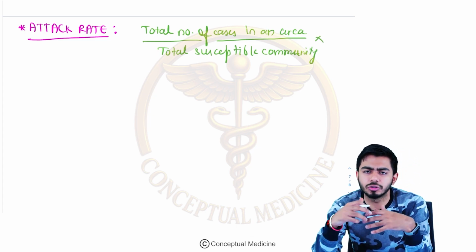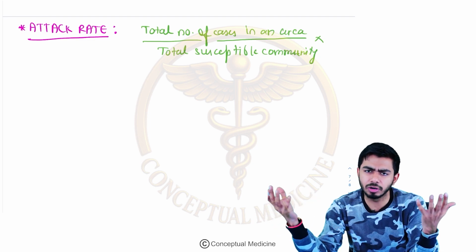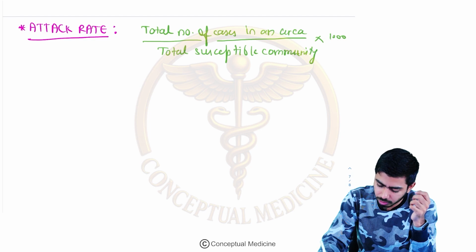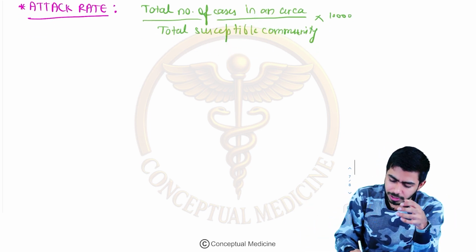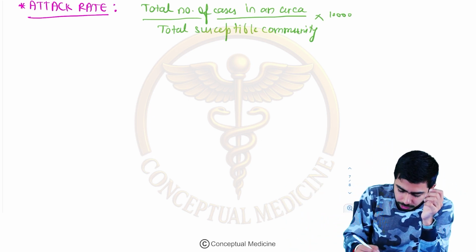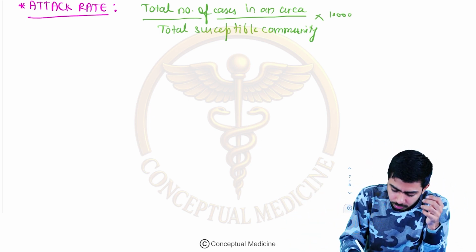It could be 1000, 1 lakh or 10 lakh. I'm just writing 1000 over here, or 10,000, whatever number you want to add. The multiplicative factor depends on the population, on the area or the geographical distribution.